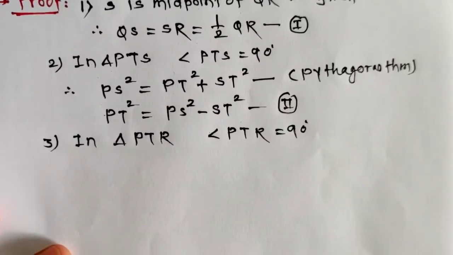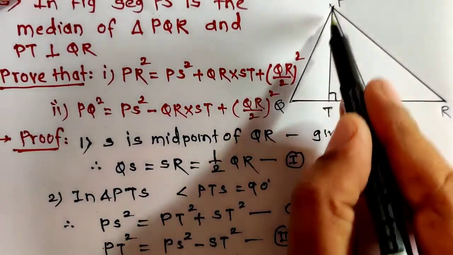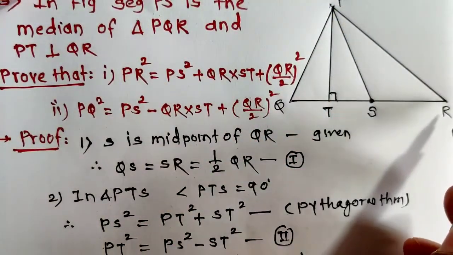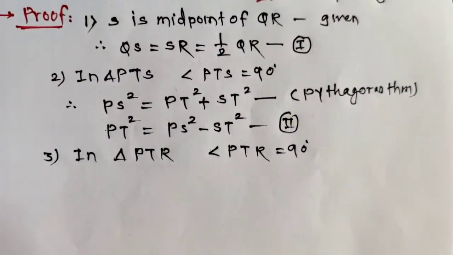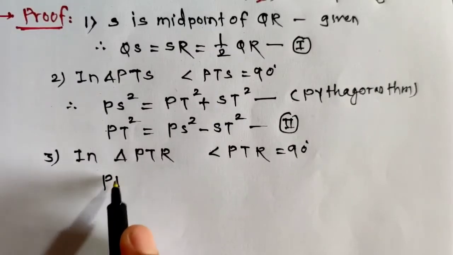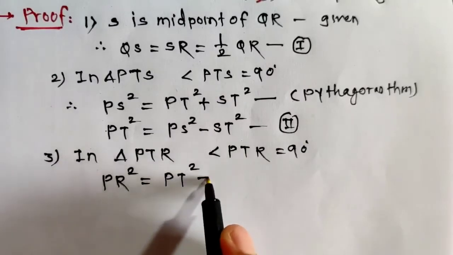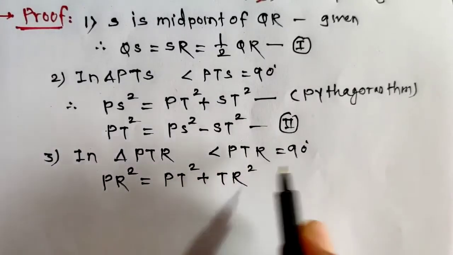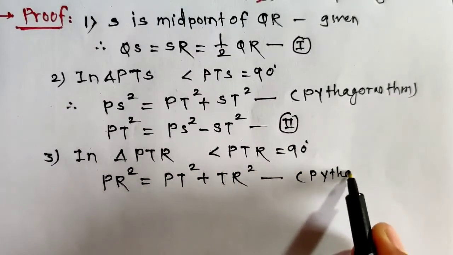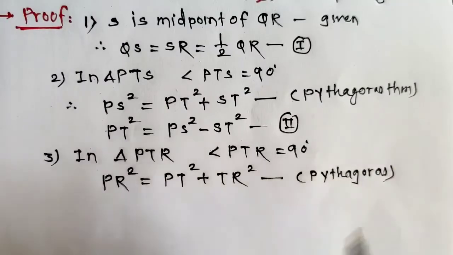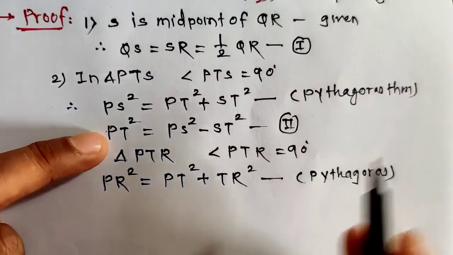So by Pythagoras theorem, PR square is equal to PT square plus TR square. Here the reason is the same, Pythagoras theorem.